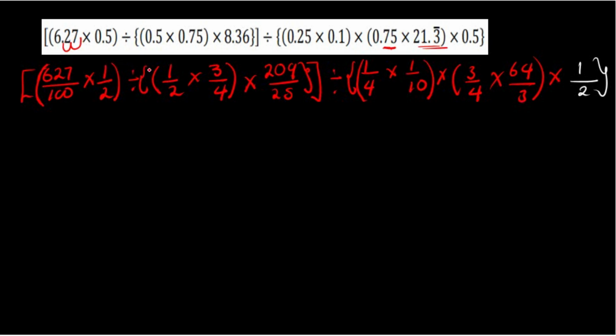Okay, now let's start reducing this. So we can start reducing from here. This and this they'll go, right? Then 4 into 64, it is 16 here. So here we have 16, right? Okay, so what we do here, 2 can't enter there, so we say 627 over 2 times 200, right?